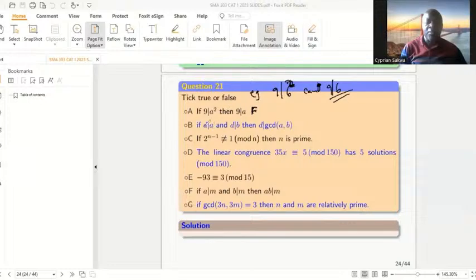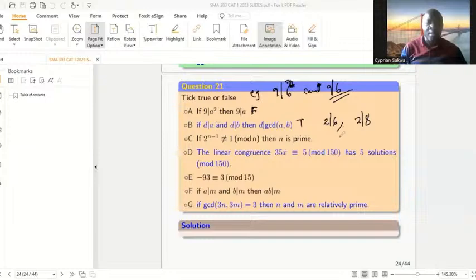What about this? If d divides a and d divides b, then d divides the GCD of a and b. And this is true. You can take any number. You can take even 2 dividing 6, so that our a is 6 and d is 2, and 2 also divides 8, so b is 8.